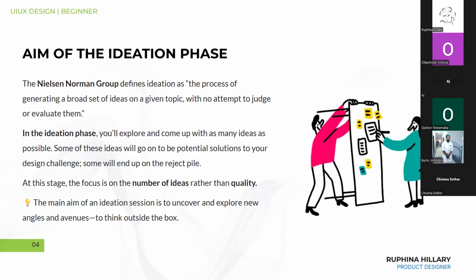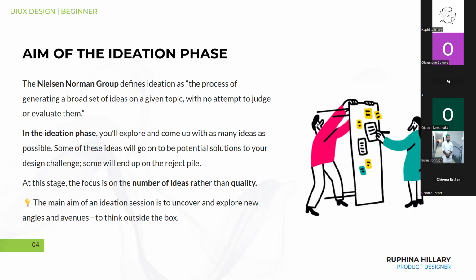But at this place of design thinking, you should try as much as possible not to judge yourself or evaluate your ideas. Just go ahead and generate as much as possible. So that's the mindset I want every one of us here to have at this point. In the ideation phase, you would explore and come up with as many ideas as possible.